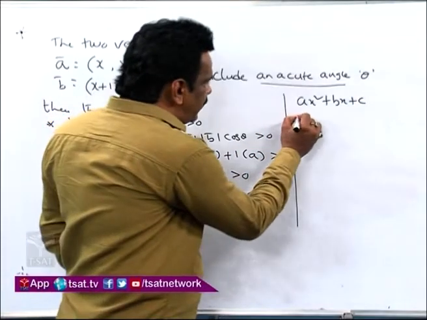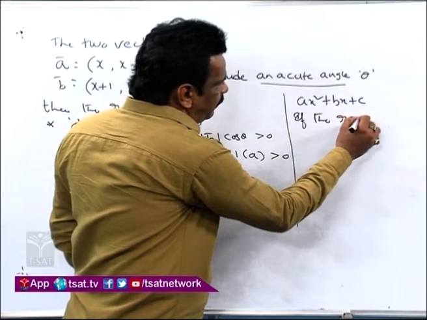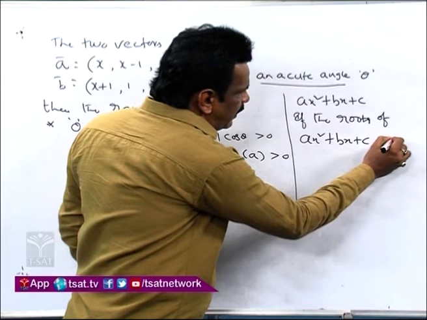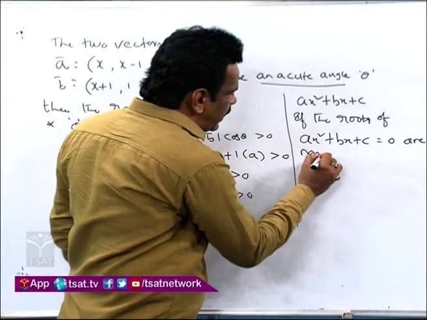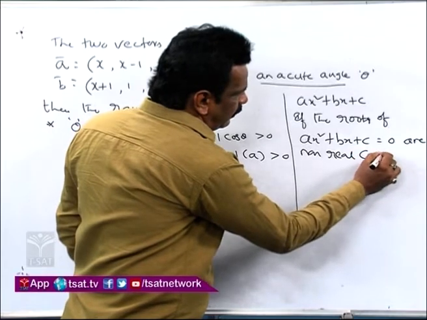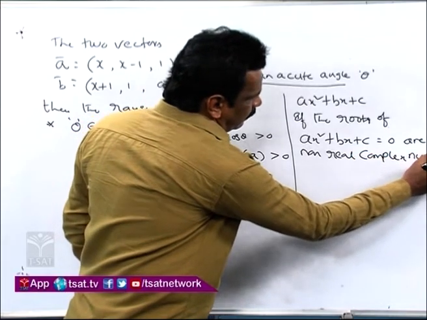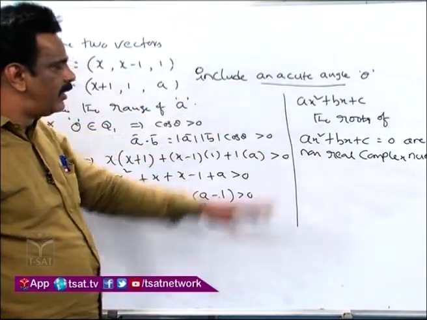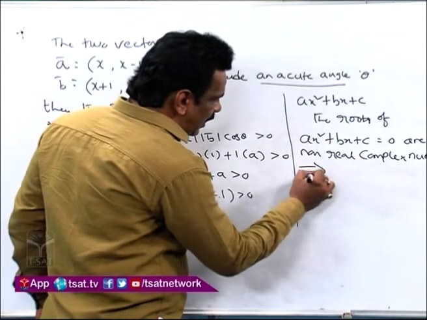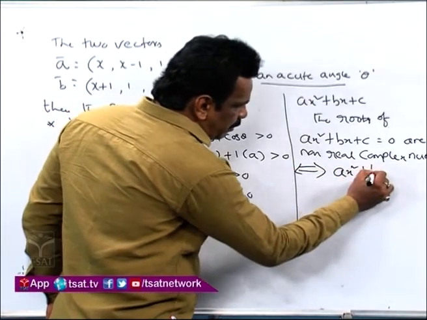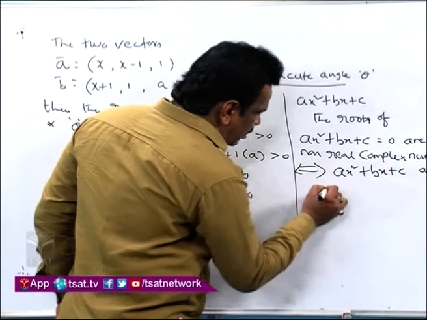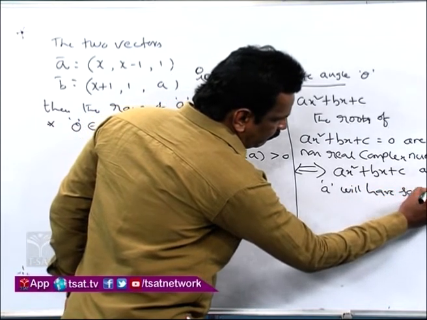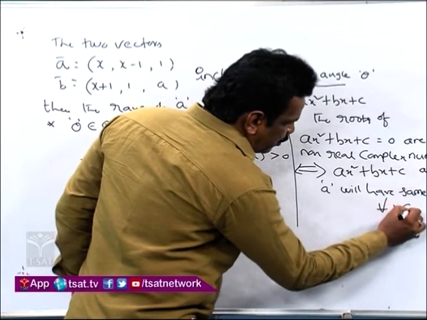If the roots of ax square plus bx plus c equal to 0 are non-real complex numbers, this implies and is implied by ax square plus bx plus c and a having the same sign for all x belongs to R.